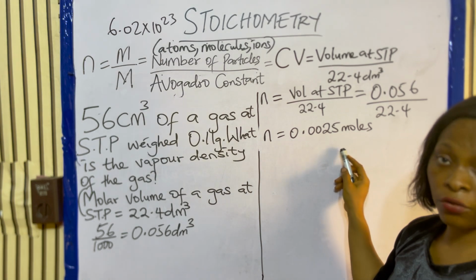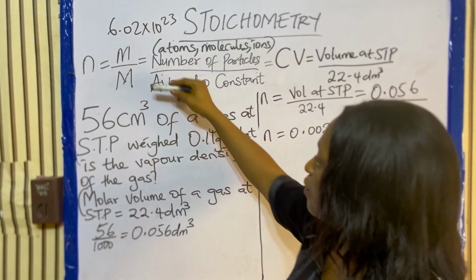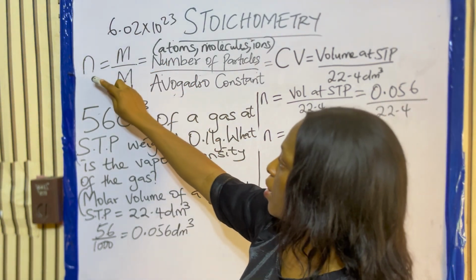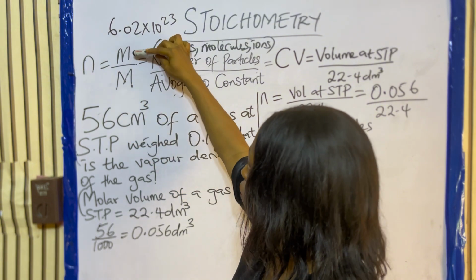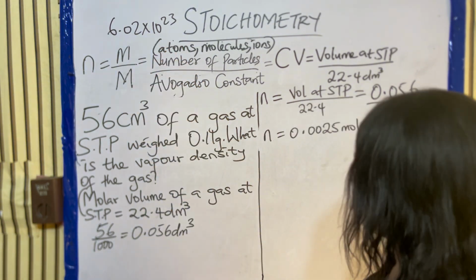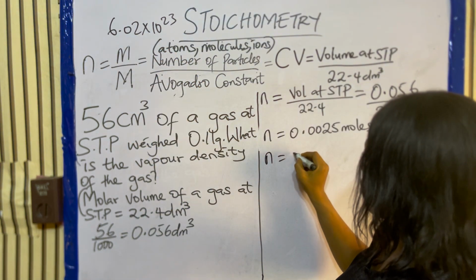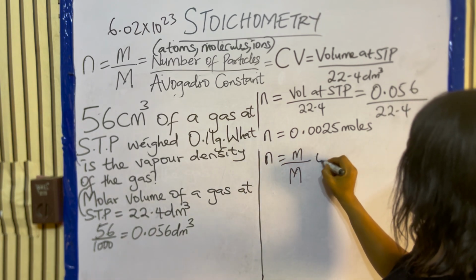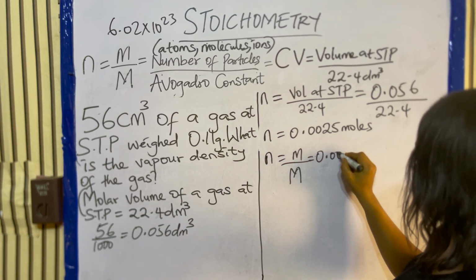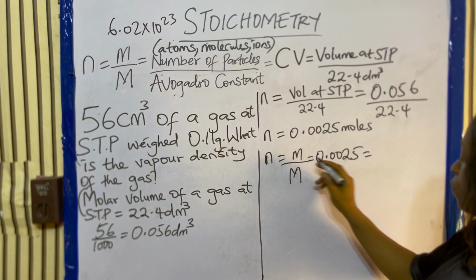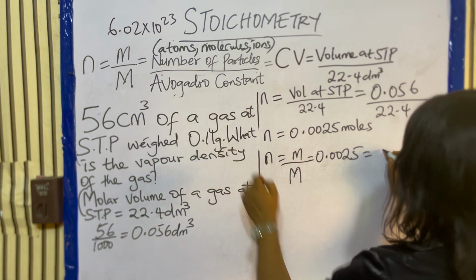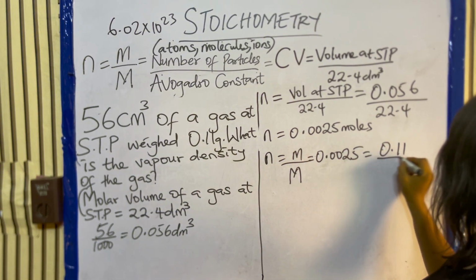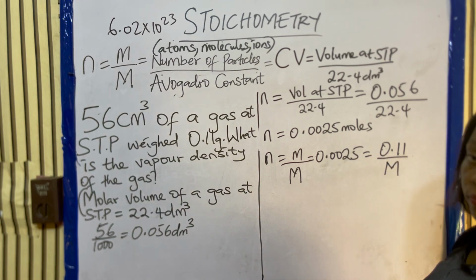So having gotten our number of mole, we're going to find our molar mass. From here you can see that number of mole is equal to mass in gram over molar mass. Now we have our number of mole to be 0.0025 is equal to our mass in gram, 0.11, all over molar mass.